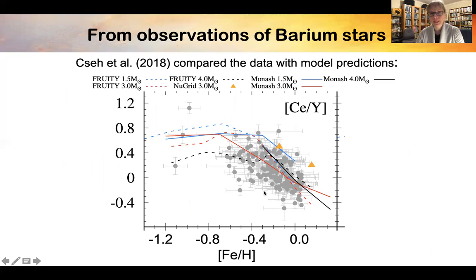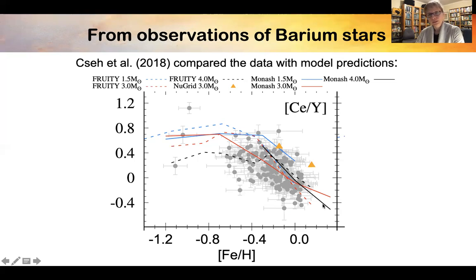So barium stars, again, are extrinsic stars. They receive their S process from a previous AGB companion. I've put some theoretical predictions from a few different groups here. Well, Cseh did this. So she took some of my results, some of the FRUITY and new grid predictions, and they're all more or less consistent with each other.